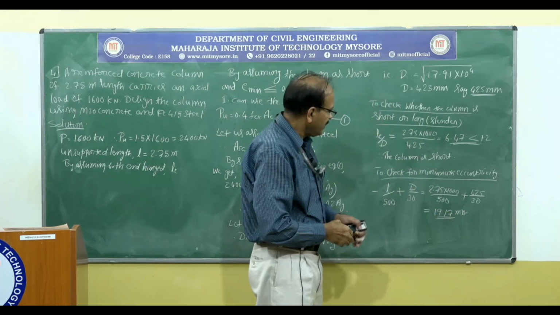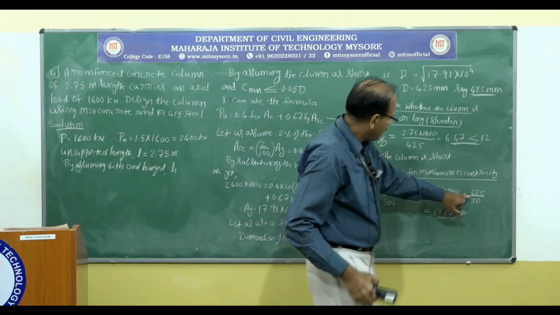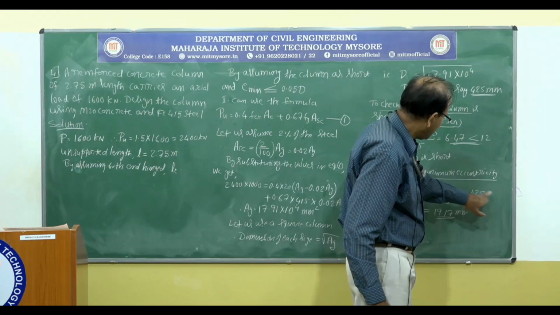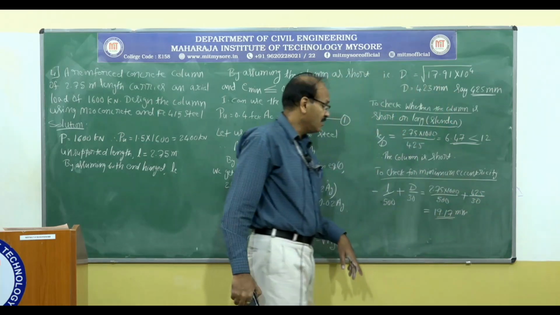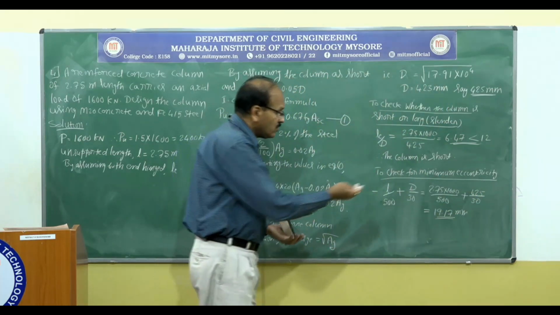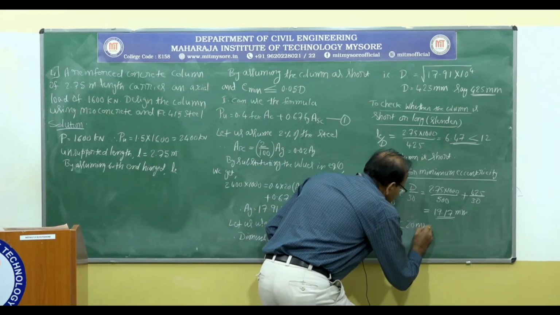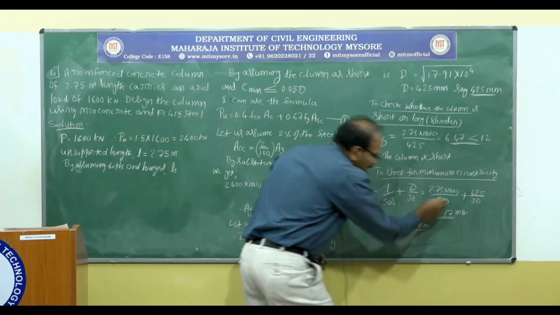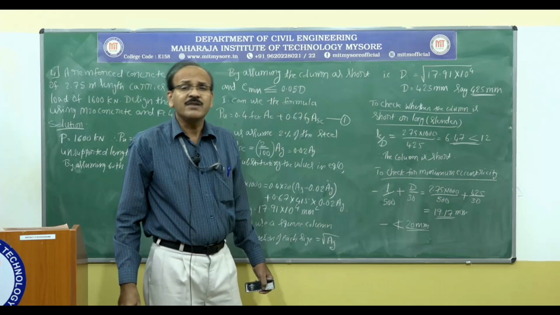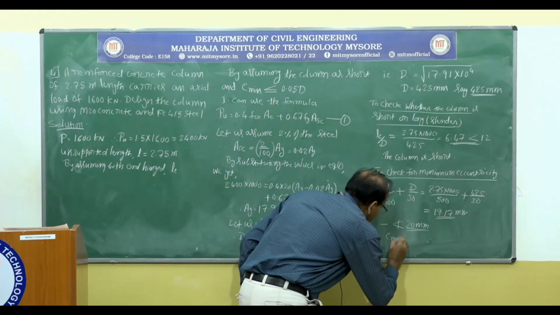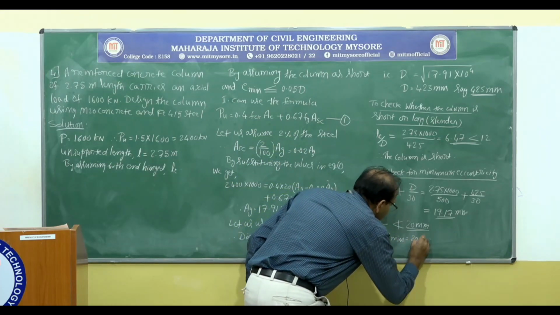Let me check once again. 5.5, 14, 19.17 millimeter. Also this should not be less than 20 mm. That means take the higher of these two values as the minimum eccentricity. Therefore, e minimum equals 20 millimeter.